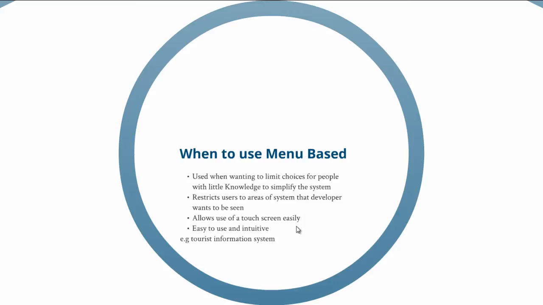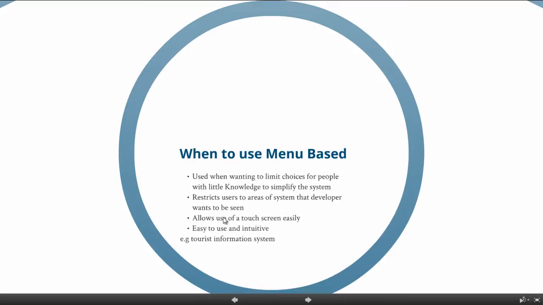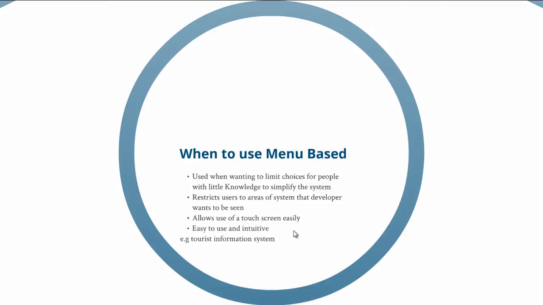It allows use of a touchscreen easily and is easy to use and intuitive. So a situation where you might want to use a touchscreen, and so a menu-based system, would be a tourist information system, or potentially in supermarkets, where you have menu-based systems for the self-service checkouts. The tourist information system, think about it. If we had an information system down at the Albert Dock, you wouldn't want the people using it to have to use a mouse and keyboard.